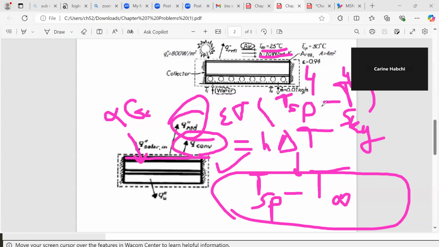Okay. Why is Q solar equal to 0.9 times G? Because alpha is the absorption part. 10% will be reflected. Will not enter your system. And whenever you have an incident flux... Q_s is, yes, you are doing the analysis for your solar system.